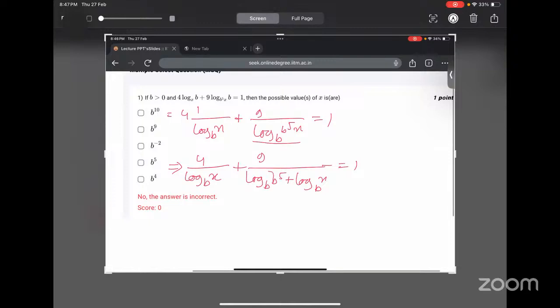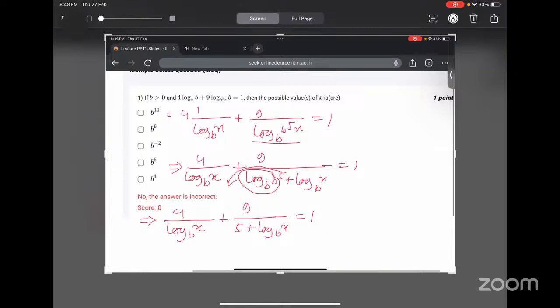Okay, this quantity will be 1, right? And this 5 we can take here. Okay, so what will be the next step? Plus 9, 5 plus log_b x equals 1. Is it fine up to now?